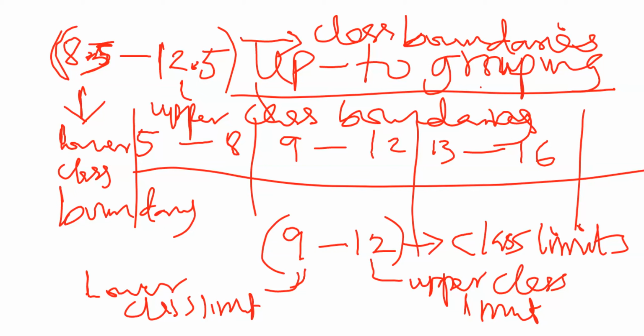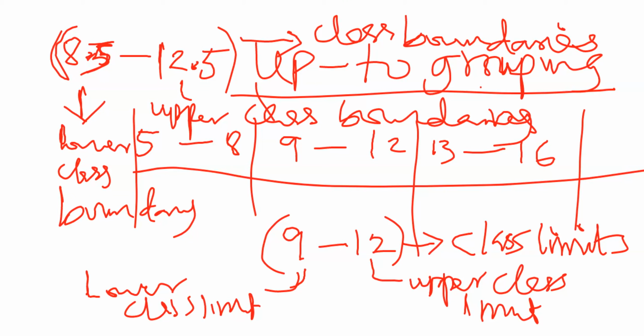One is up to grouping, that type of grouping that is independent, that gives us class limits, that we must change from class limits to class boundary. In the process of changing it, if the group is in whole number, I will subtract 0.5 from 9 to give me 8.5, which is the lower class boundary.